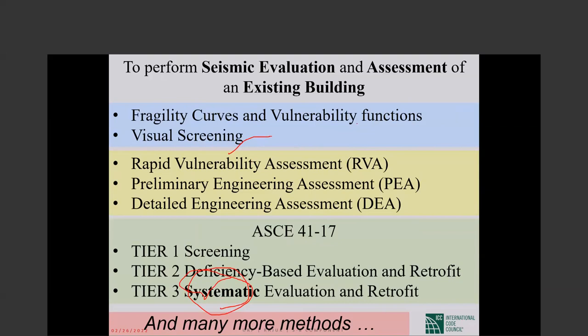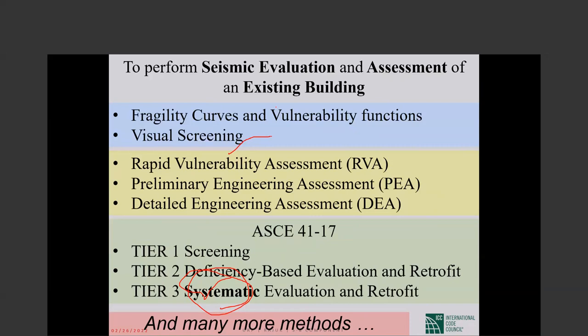For example, in risk analysis, we now very easily use fragility curves and vulnerability functions for disaster management. We calculate the number of masonry buildings in this area, and then we have a fragility curve that, based on experience and analytical models, shows that under this level of earthquake, how many of them will get damaged or how many of them will pass a specific performance level.